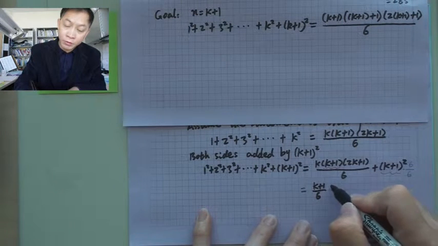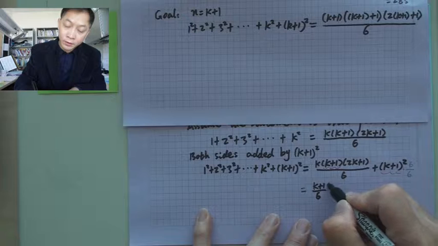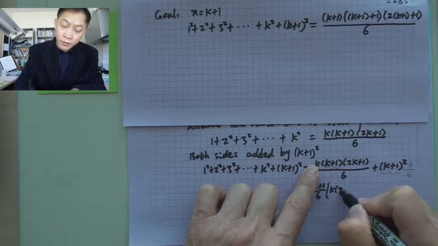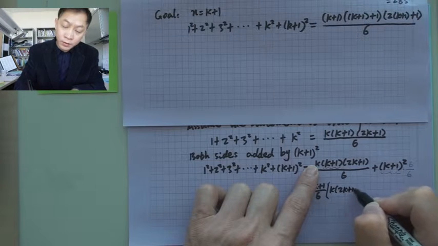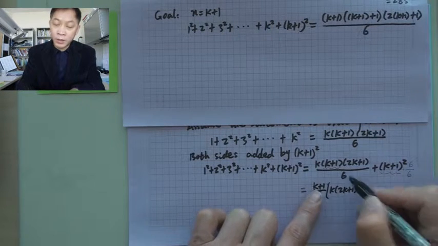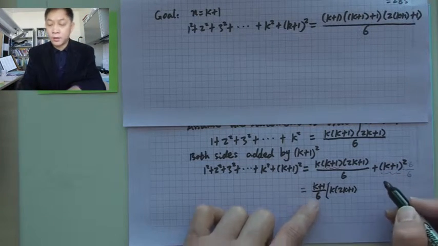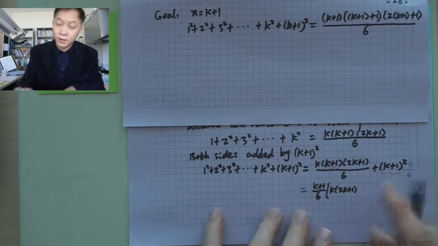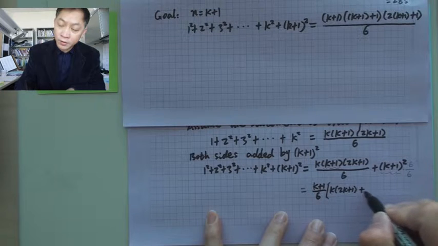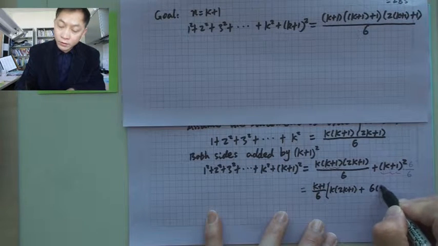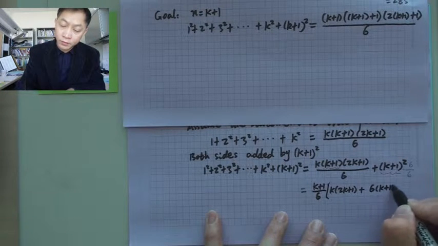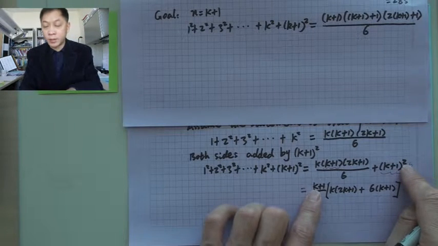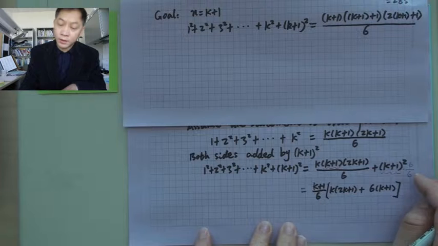In this way, you can keep track of what I'm doing. k times 2k plus 1, because k plus 1 over 6 is out. So the first expression has that. The second expression has 6 times k plus 1. There is no squared because one factor of k plus 1 is out.